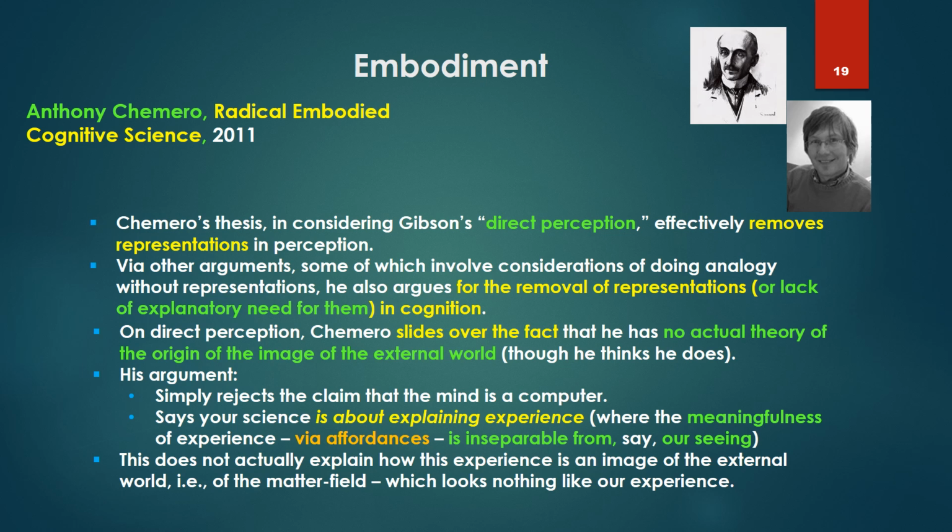To me, this doesn't explain how I got an image of the external world out of the neural flows or flipping digits of a computer, which out of that is an image of the matter field, which also looks nothing like our experience. I hope you can see that. I mean, just saying meaningfulness is the magic is highly questionable.